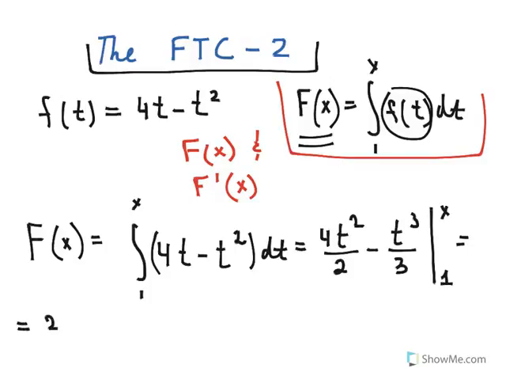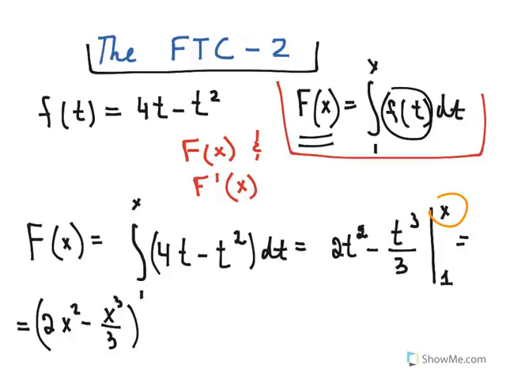So we get, let me just erase this part right here, because we already know we're getting 2t squared. I just want to simplify it right away. And now let's plug in. We're going to plug in the upper boundary, which is x. So we get 2 times x squared minus x cubed over 3 minus, let's plug in the 1, the lower boundary.